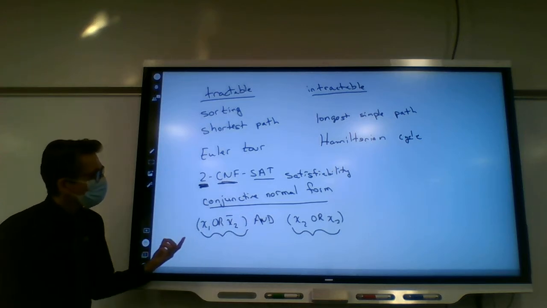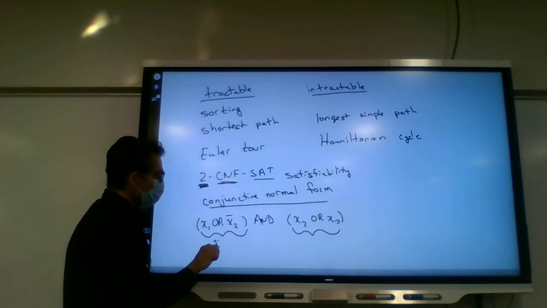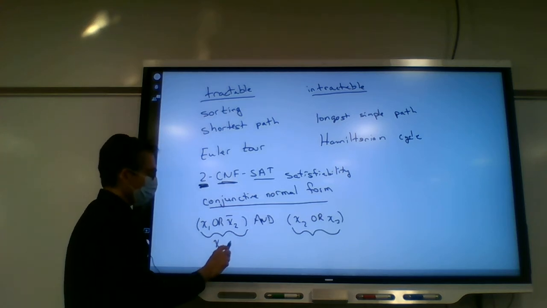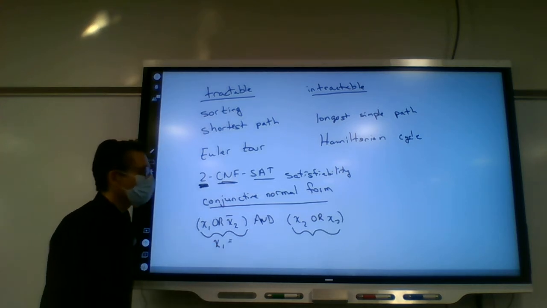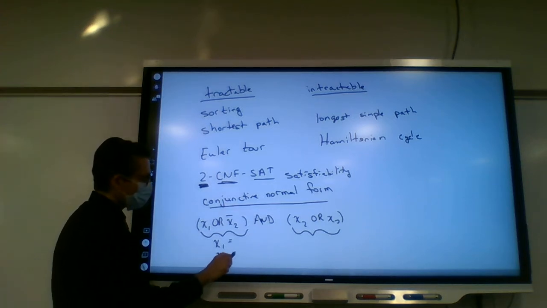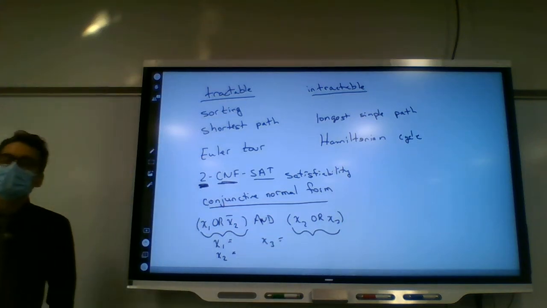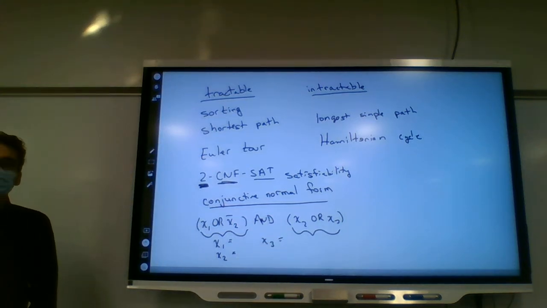All right, so let's see in this small example, what should we make x1 be? We need to assign values for x1, x2, and x3. We want the whole thing to be true. So what could we do?